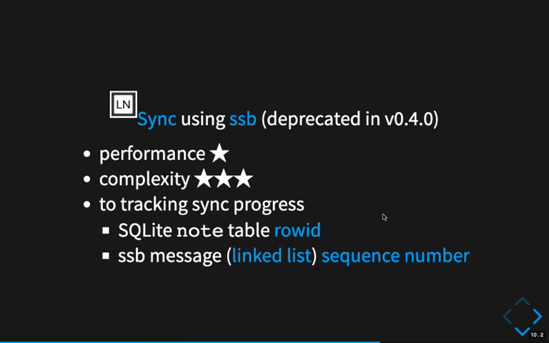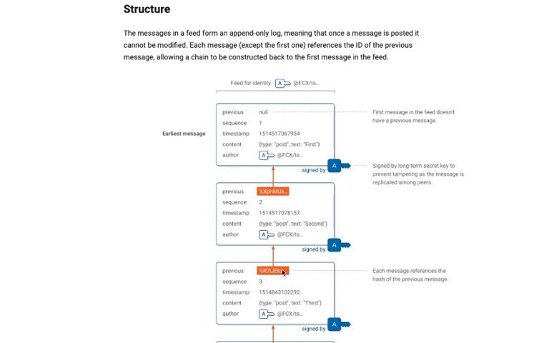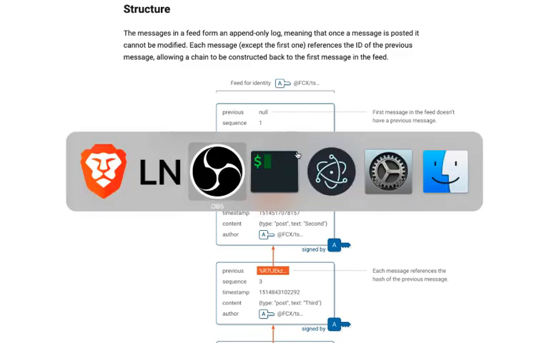I experimented with Secure Scuttlebutt, which is a niche social network type of thing. They have a data structure where every message of every individual becomes a linked list.